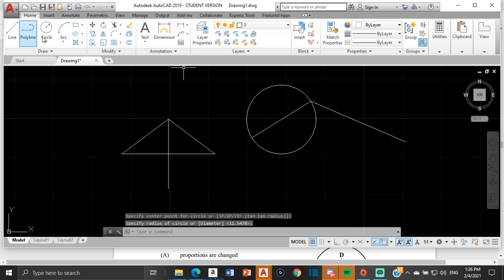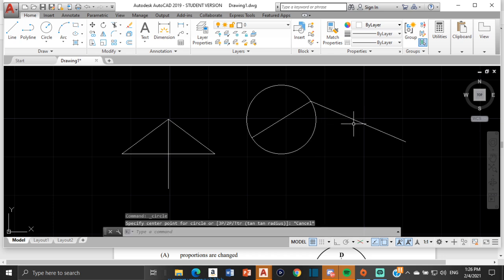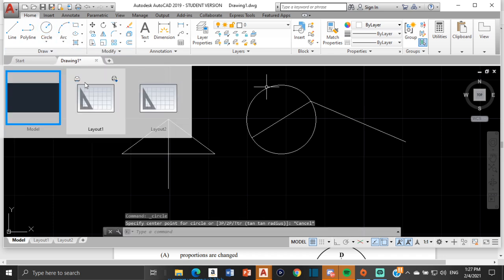Then I could draw a circle that would touch this circle, depending on the diameter of this circle and stuff like that. And if I'm given the next point, I would be able to draw the three circles that would touch each other.